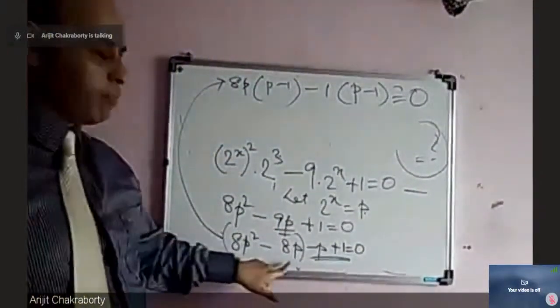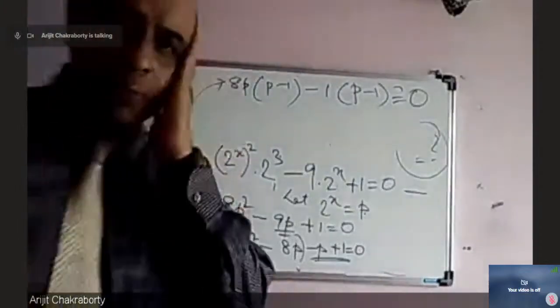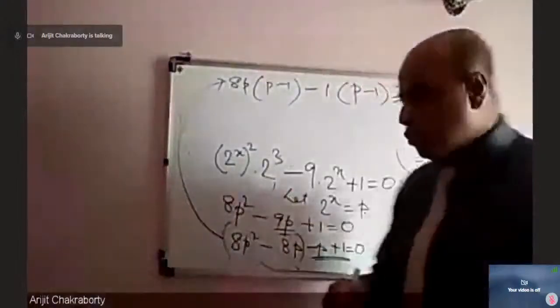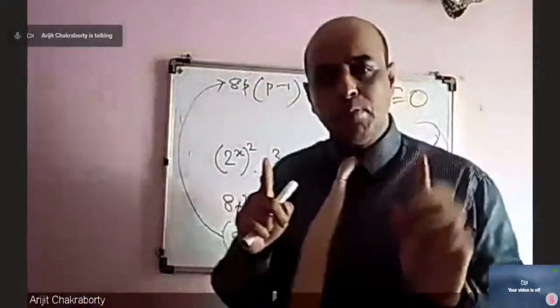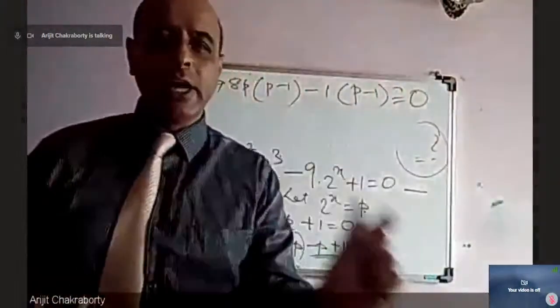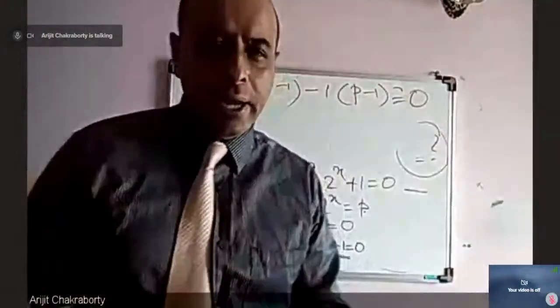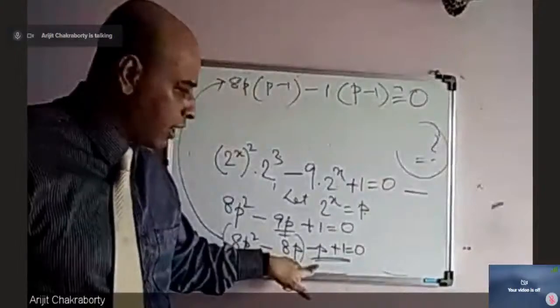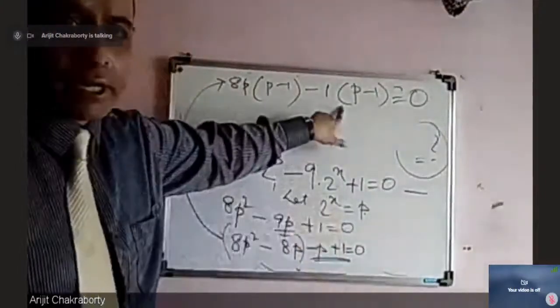8p square minus 8p, we are splitting the middle term of 9 into two parts. 9 is equal to 8 plus 1. Minus 9 is equal to minus 8 minus 1. That is what we have done. So this is how we split it.